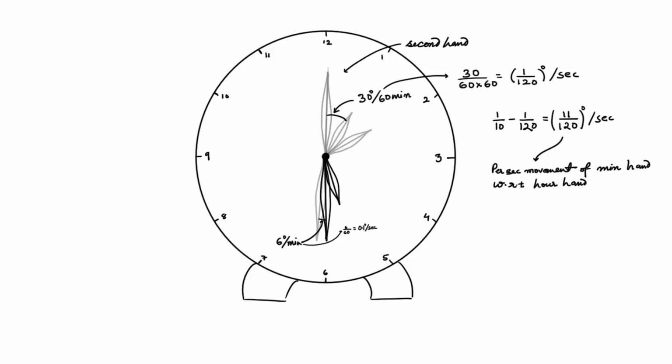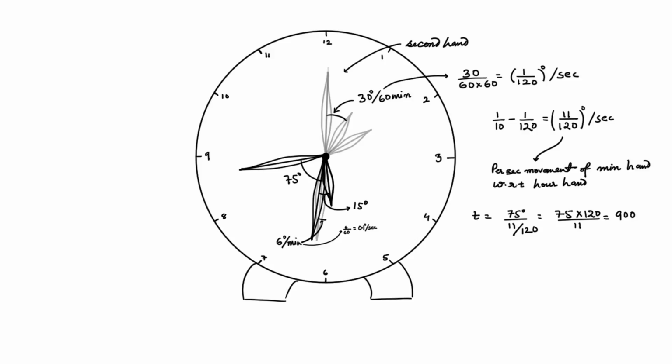Since it is already 5:30, the angle between both of them is 15 degrees, so the rest, 75 degrees, it has to cover. So the time taken is 75 divided by the relative movement of the minute hand with respect to the hour hand per second.